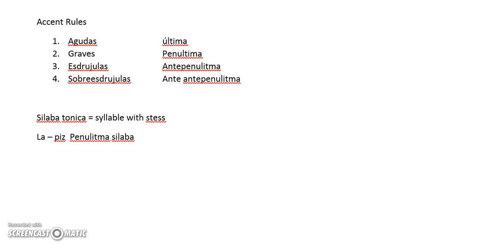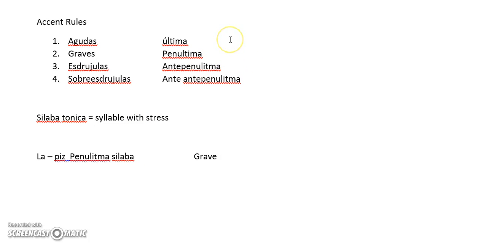So, since this word, lápiz, has a stress on the penúltima sílaba, that makes it a grave word. Now you have to look at one more rule.